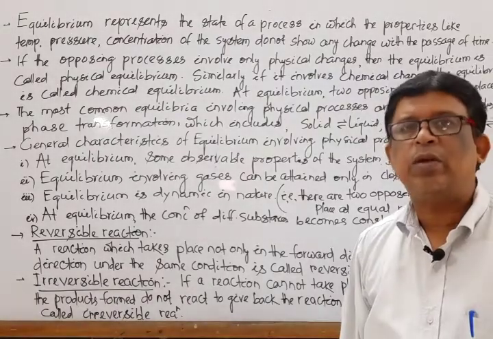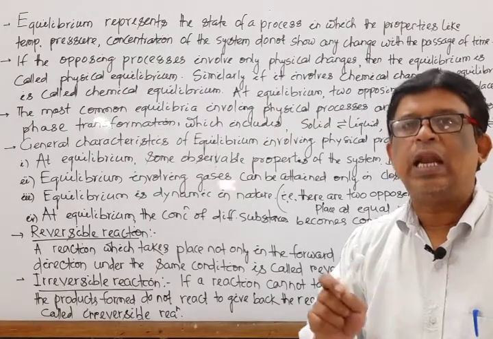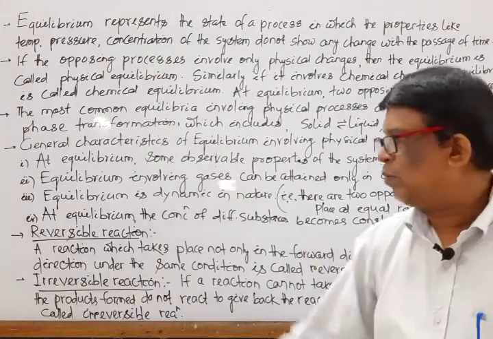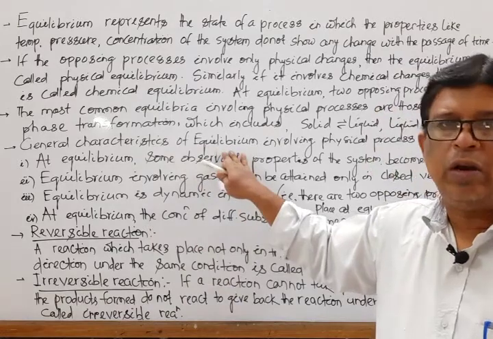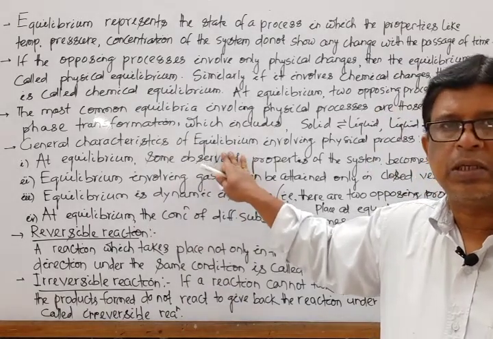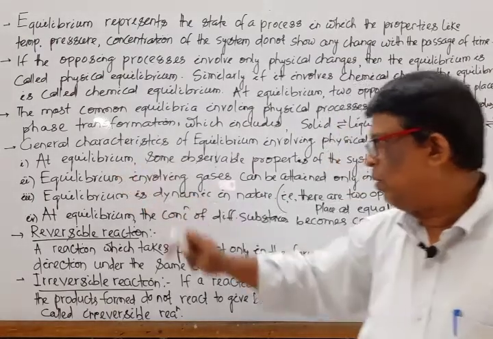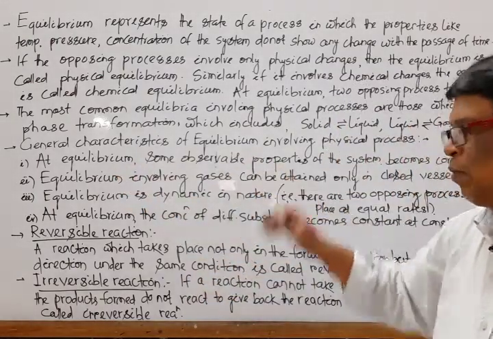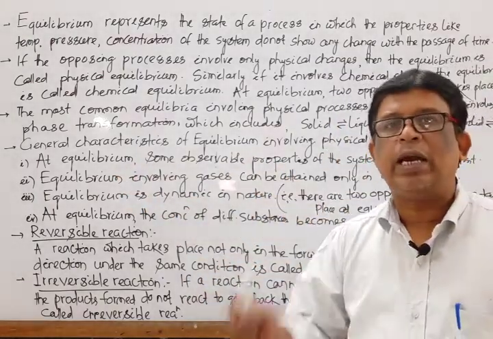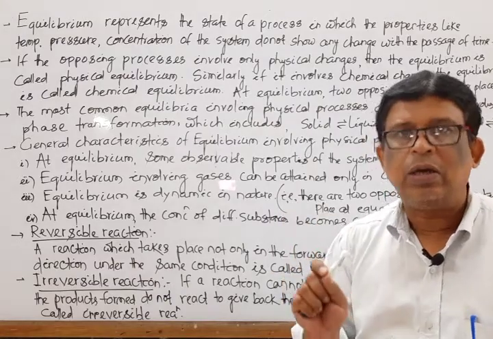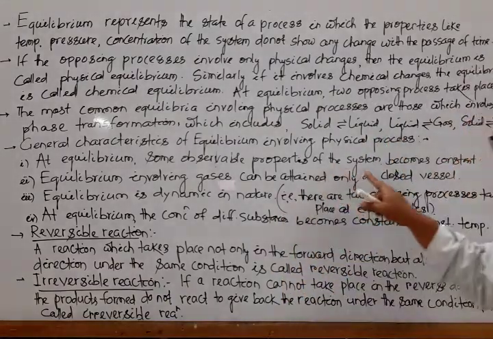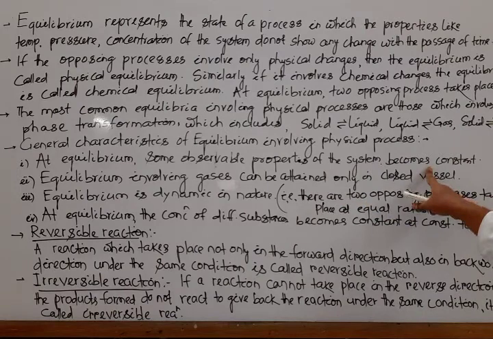These are some examples of physical equilibrium. Then move to the characteristics of equilibrium involving physical processes. Two to three points are there. Mark that. At equilibrium, some observable properties like temperature, pressure, concentration of the system become constant.